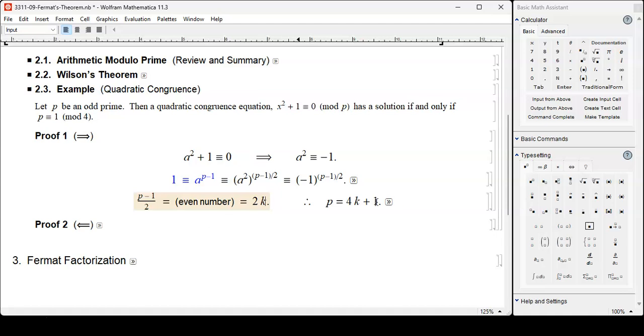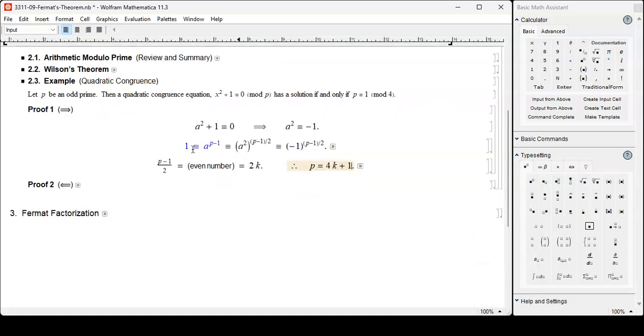Flip this denominator to the other side, we get p is 4k plus 1, and that's precisely what we wanted. Okay, we used Fermat's theorem and this p minus 1 divided by 2 technique to prove it. Now let's consider the opposite direction, where this p minus 1 divided by 2 shows up again.